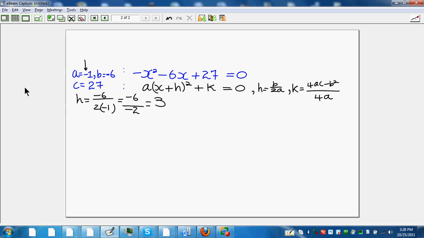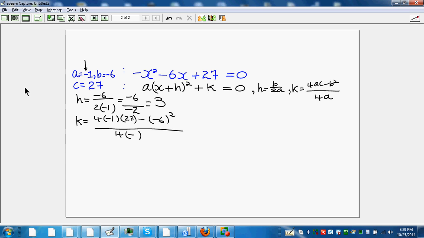What about K? K is equal to 4 multiplied by A multiplied by C minus B squared all over 4 multiplied by A. So 4A will be 4 by minus 1 by C, which is 27, minus B squared, which will be minus 6 squared, all over 4A.